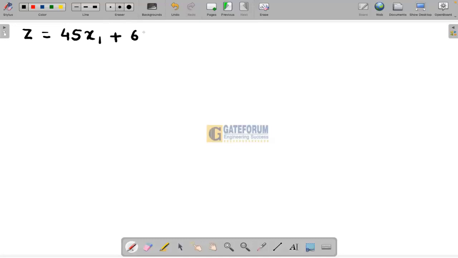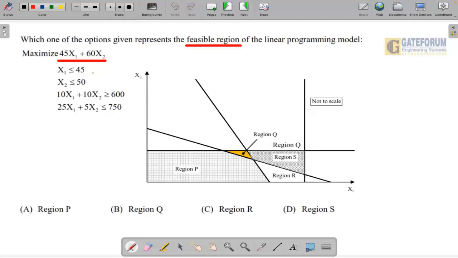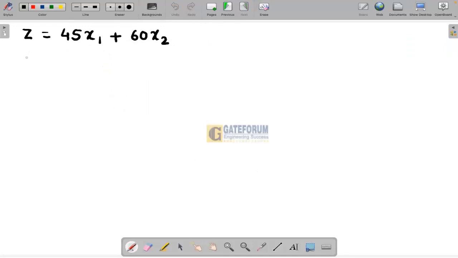This is your Z. Now the next constraints: x1 less than or equal to 45, that is the first line, and x2 less than or equal to 50.